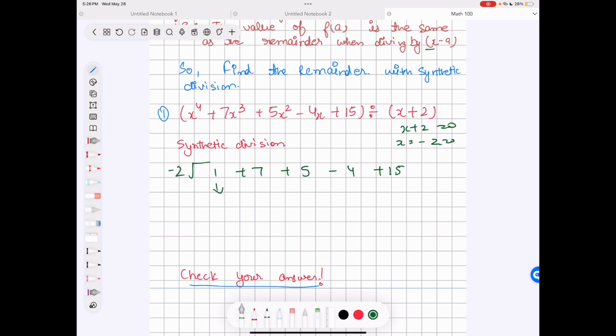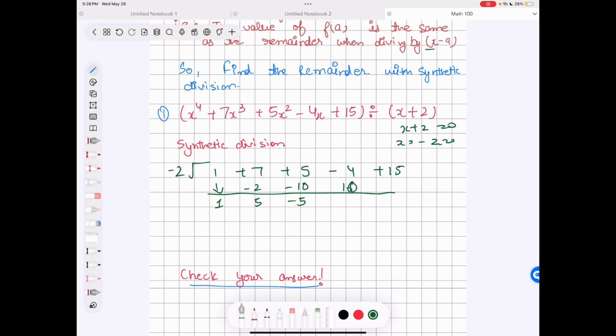So I'm gonna bring 1 down and I'm gonna multiply it by minus 2. I'm gonna get minus 2. Then I'm gonna add both of these. I'm gonna get 5. And then again multiply 5 into minus 2 is minus 10. And then 5 minus 10 is minus 5. And then again minus 5 into minus 2, I get plus 10.